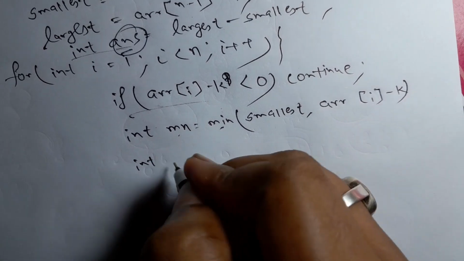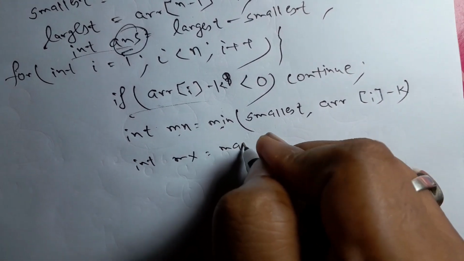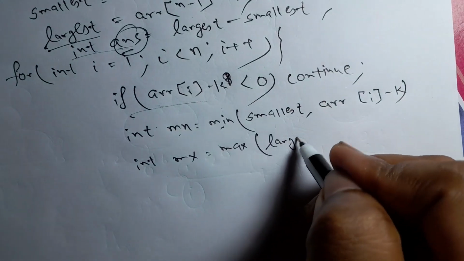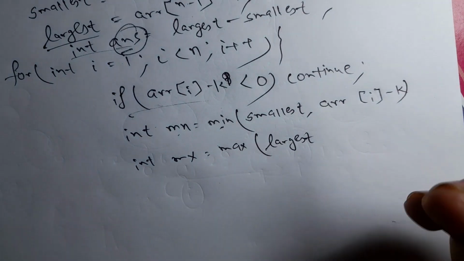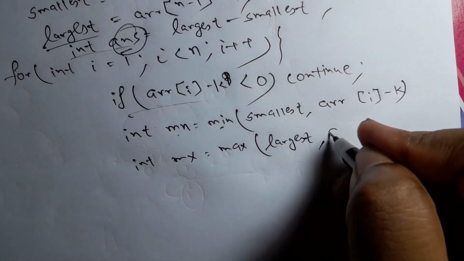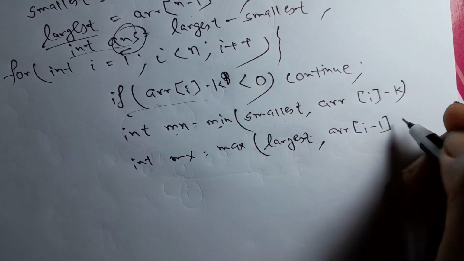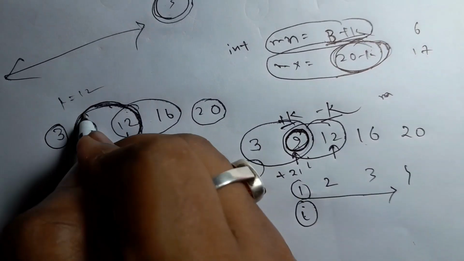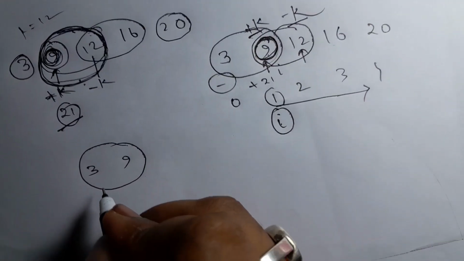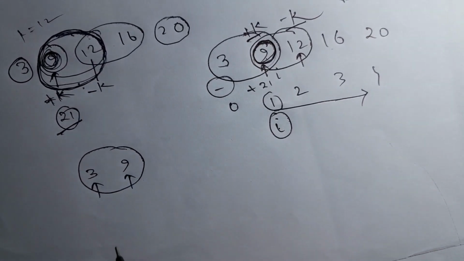Okay, int max equals to max of what? Largest. We are doing plus with some operation and we are keep tracking if this max is exceeding the largest element or not. Okay, largest comma array of I minus 1 plus k, because we are doing plus with this and minus with this. Okay, two adjacent elements, we are doing plus with smallest one and minus with largest one.